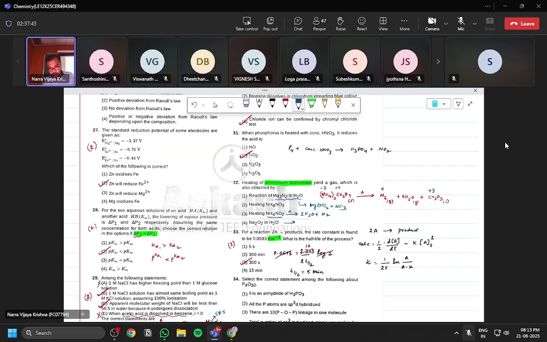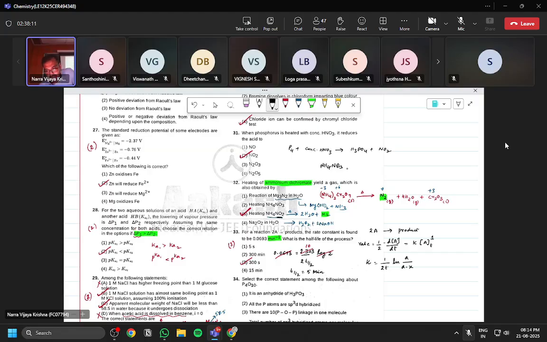Now, sodium peroxide with water. What do we get? Hydrogen peroxide plus NaOH. Now, what are they asking? It gives a gas. Which among the following also gives the same gas? If it is ammonium nitrate, this is ammonium nitrite.